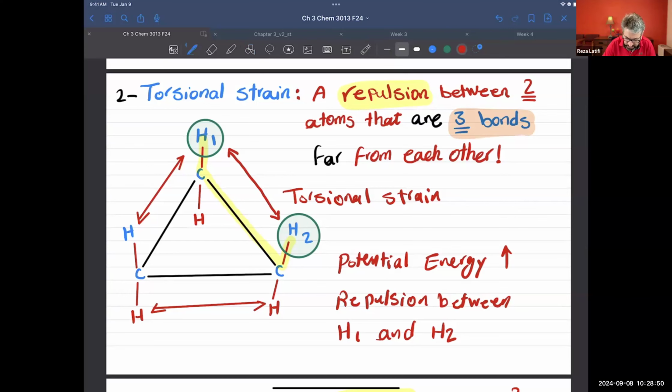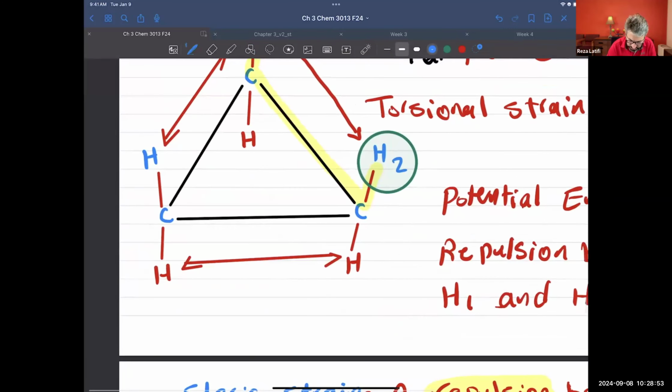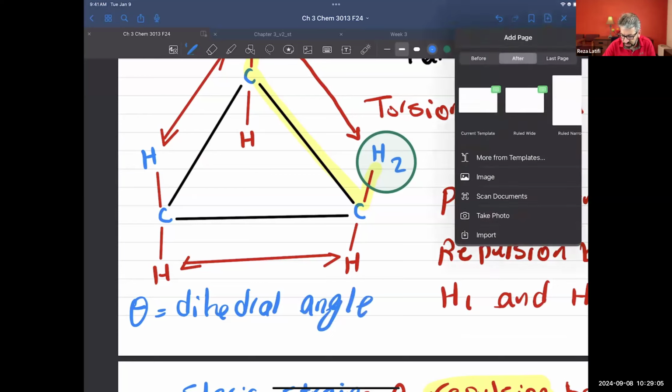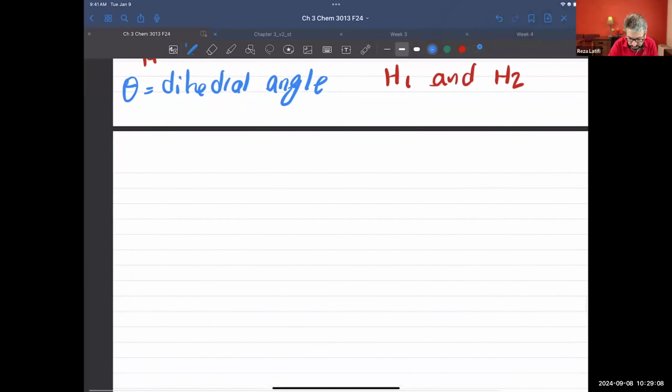What does it mean? It means the dihedral angle. Okay, the dihedral angle, so I'm going to say theta. In this case, the dihedral angle theta is going to be 0. It means you have a carbon attached to another carbon, and two atoms are facing each other.